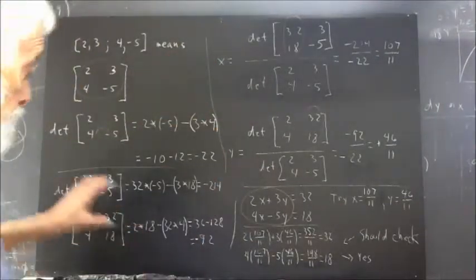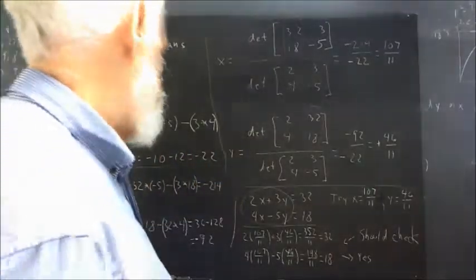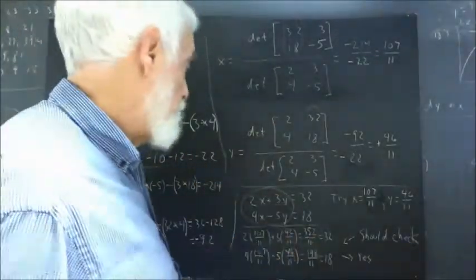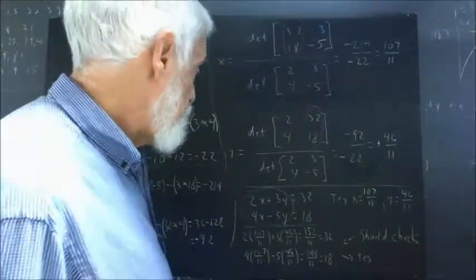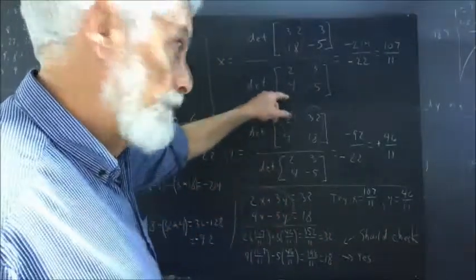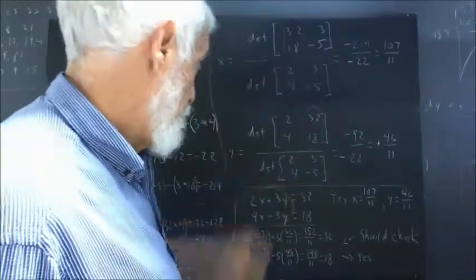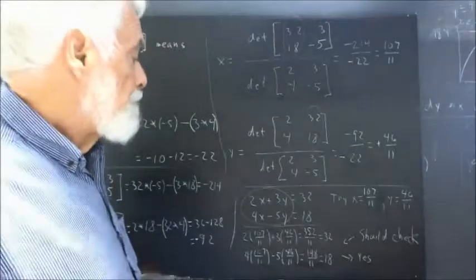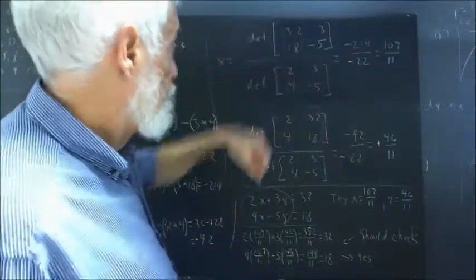Now, we've already done the determinants, but in a normal application, you would have your two equations. You'd write down your coefficient matrix, and that would be in the denominator with the determinant of the coefficient matrix. And then you would write down your numerator matrices and take the determinants of those.